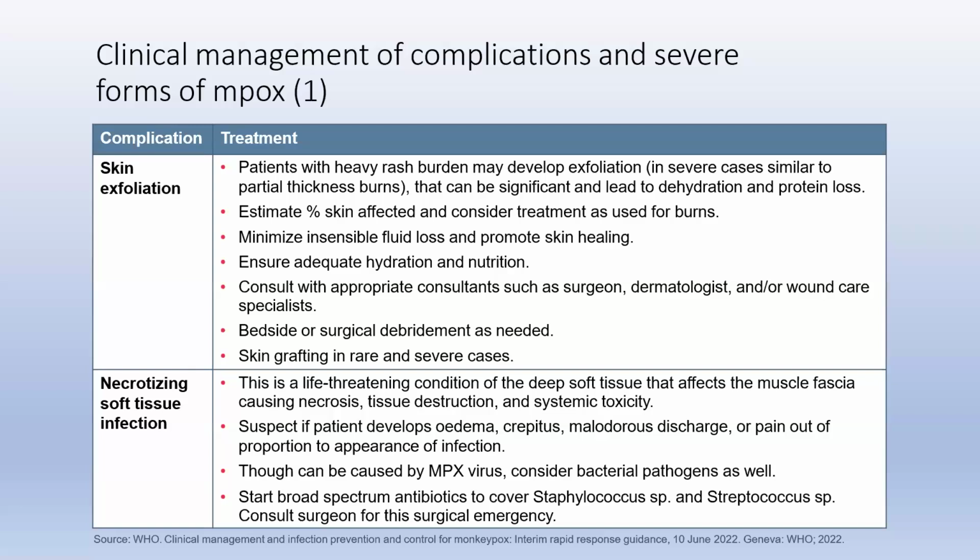In these patients, you'll need to cover them with broad-spectrum antibiotics because, as I said, it may be because of the virus, but it may also be because of bacterial pathogens. So cover for the usual suspects, the staph and the strep. And because it's a surgical emergency, you need to consult the surgeons.